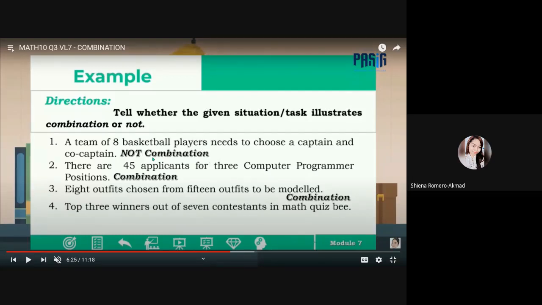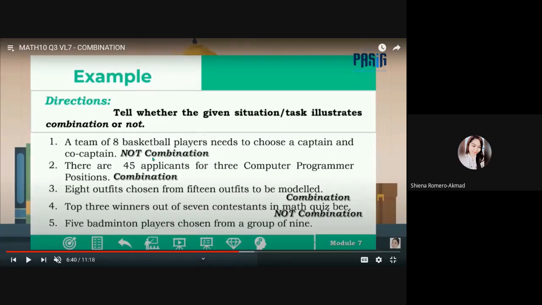How about number 4? Top 3 winners out of 7 contestants in Math Quiz B. Not combination, correct. Why is it not combination? May rankings po. Kaya nga sinabing top 3 kasi meron kang top 1, top 2, and top 3. Okay? First, second, or third out of the 7 contestants.